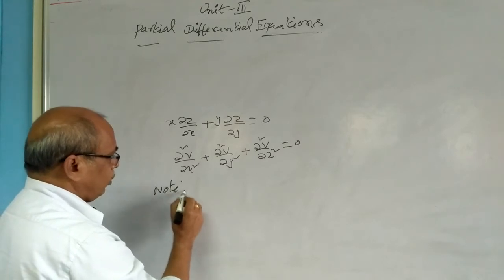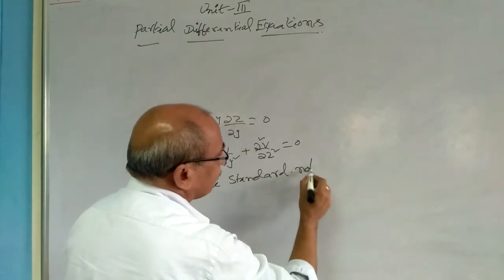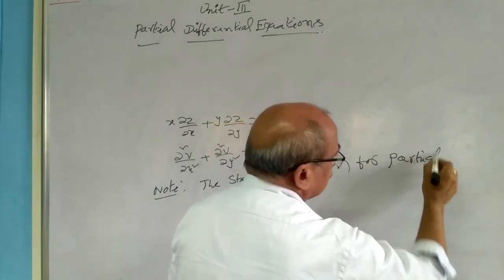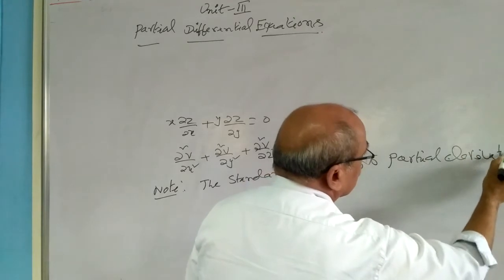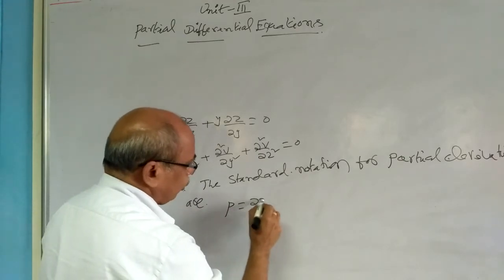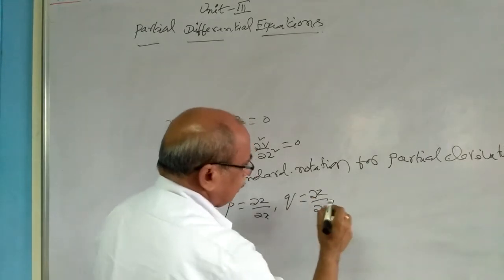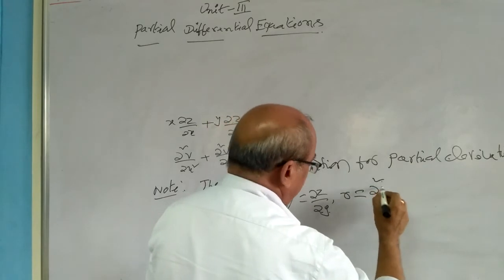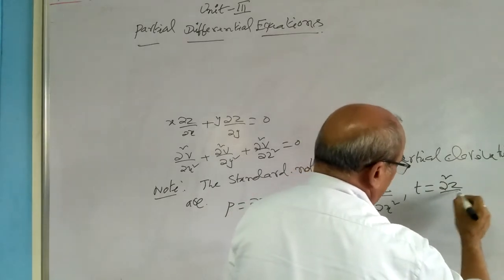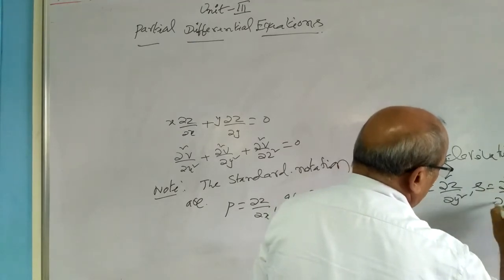Note the standard notation for partial derivatives are: small p is equal to ∂z/∂x, small q is equal to ∂z/∂y, small r is equal to ∂²z/∂x², small t is equal to ∂²z/∂y², small s is equal to ∂²z/∂x∂y.